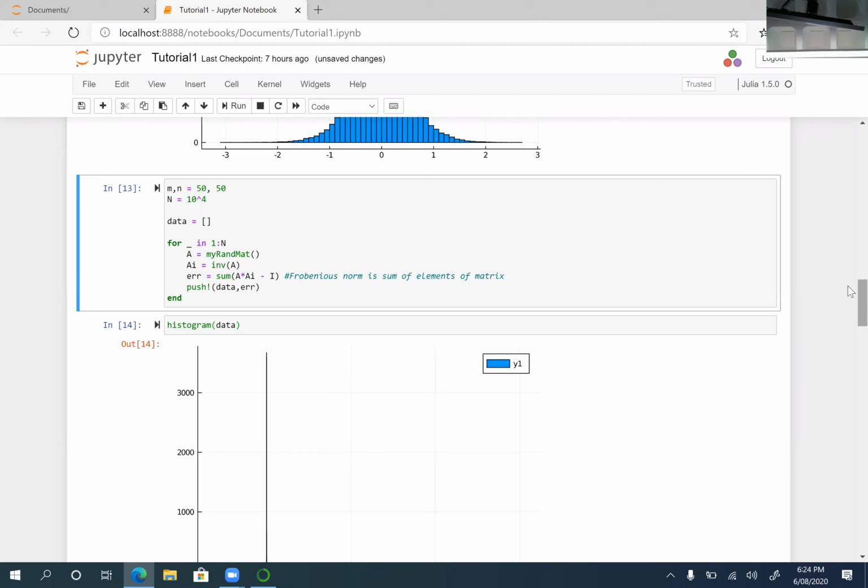So we have for 1 to n, and then in each iteration we're building a random matrix A, which is of course 50 by 50. And then below that, we're calculating the inverse of that random matrix A.